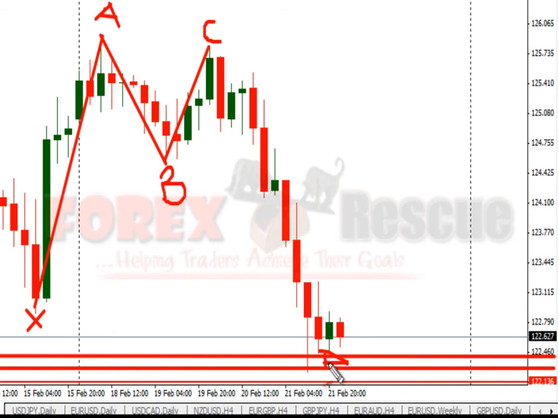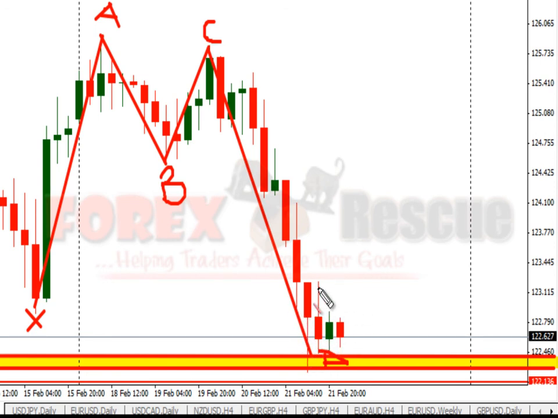If you color it together, you get this yellow region, which is called our potential reversal zone. You can see how price came. Of course, this is our CD leg. You can see how price came and bounced off.